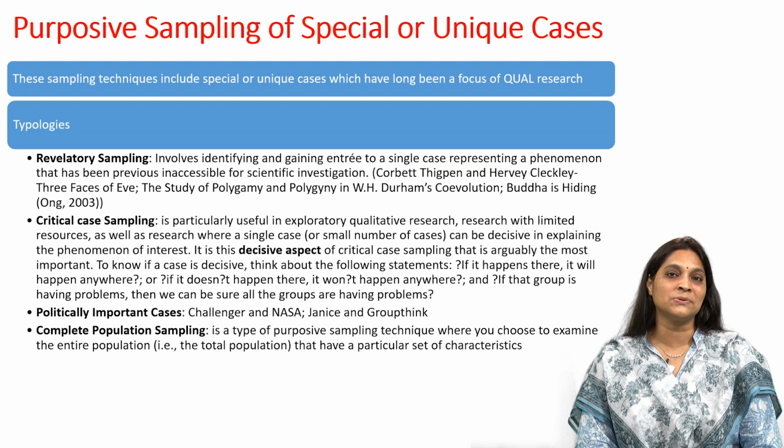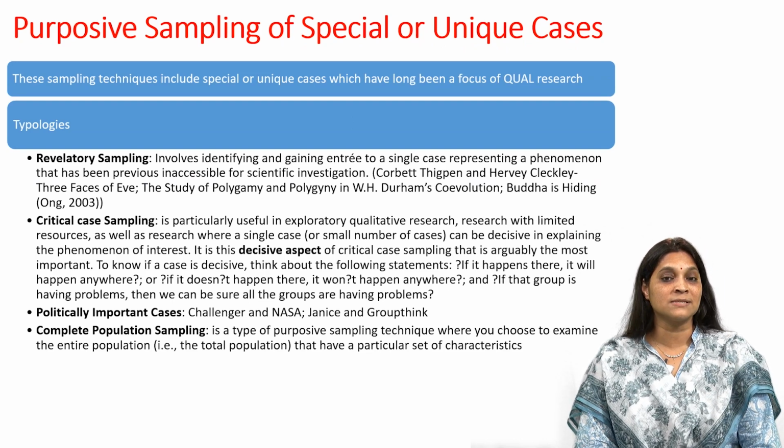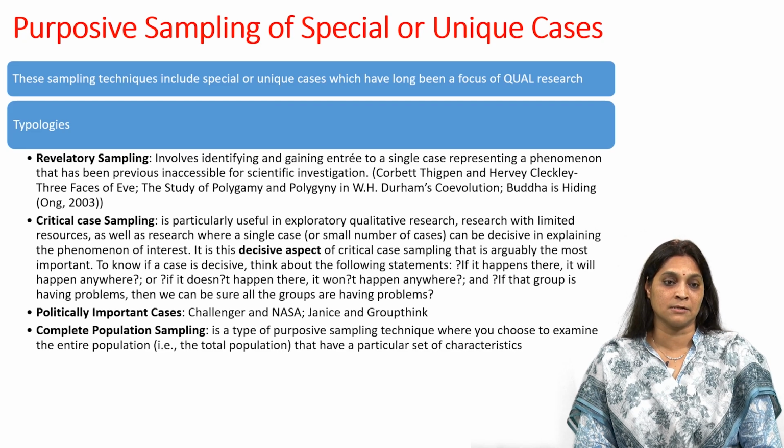Now let's move on to the next category, which is very interesting: purposive sampling of special or unique cases. Now why do we do these samplings? These sampling techniques include special or unique cases which have always been a focus in qualitative research. What are the types here? The first is revelatory sampling. What is the meaning of revelation?